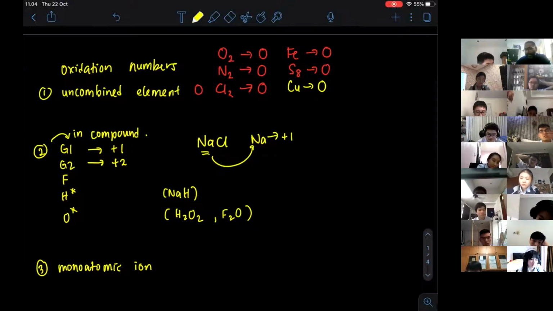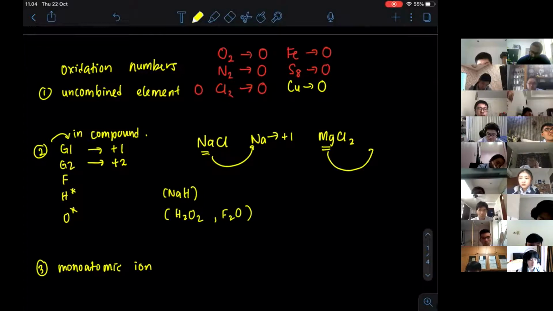Na in NaCl is +1. If I have MgCl2 and I want to find out the oxidation number of Mg, you just follow: this is group 2, so it will tend to form Mg2+. Therefore, the oxidation number is +2.